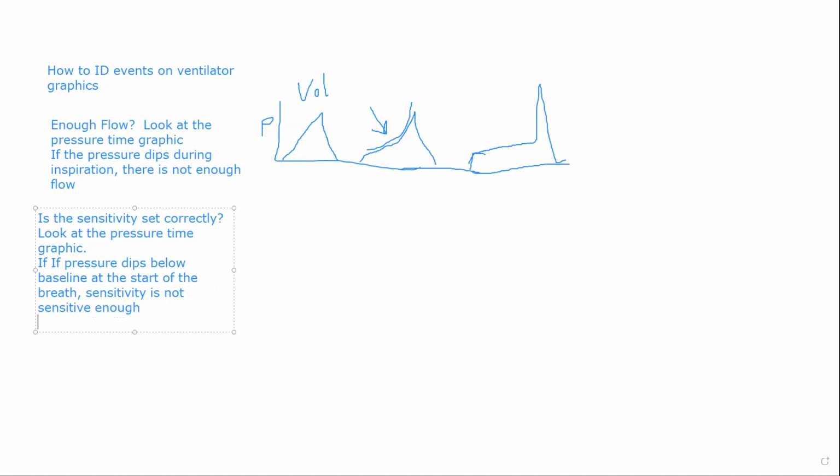And how do we draw that? So we see that, let's say there's 5 centimeters of PEEP set, and then the patient inhales and they generate enough negative pressure, and finally the ventilator kicks in and gives them their breath of air.